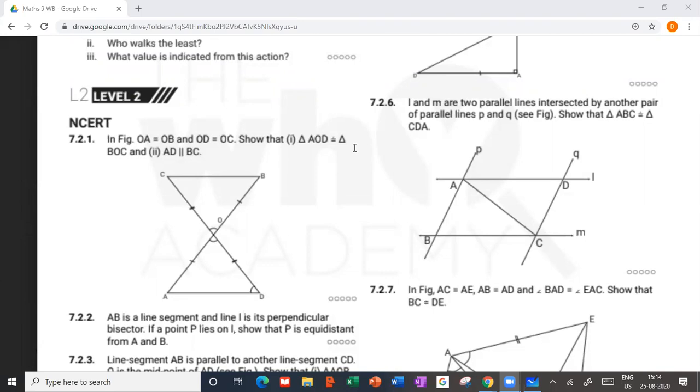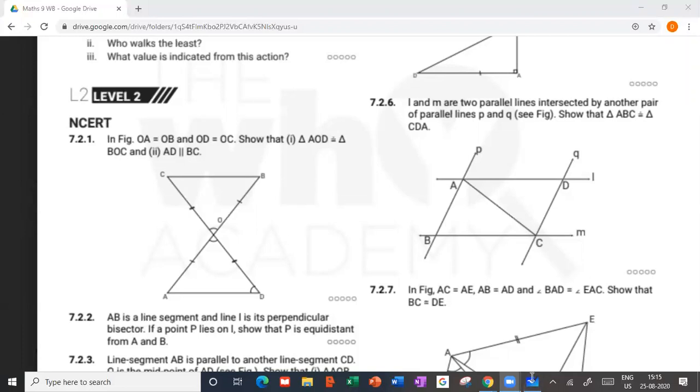Yes, you can extend that theorem. So by CPCT, you can say that OAD and OBC are equal, correct?